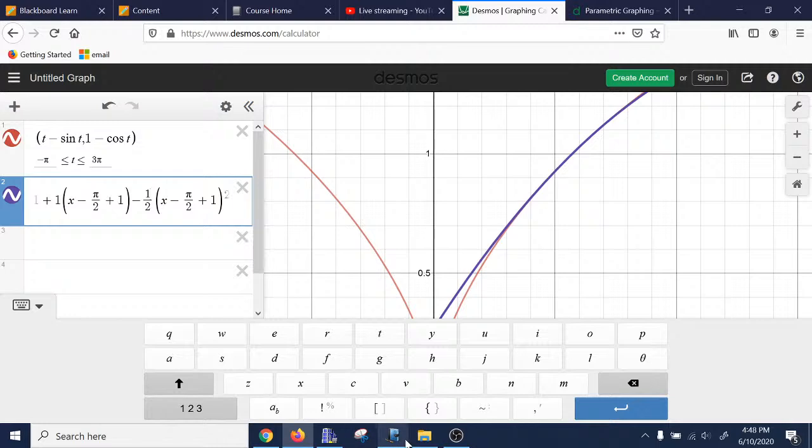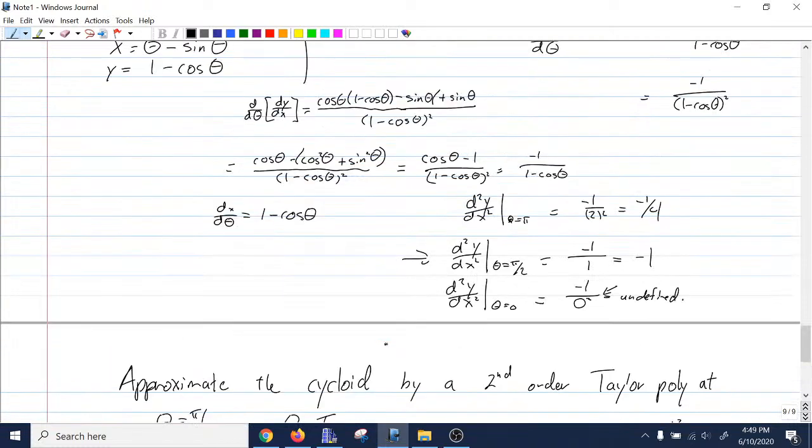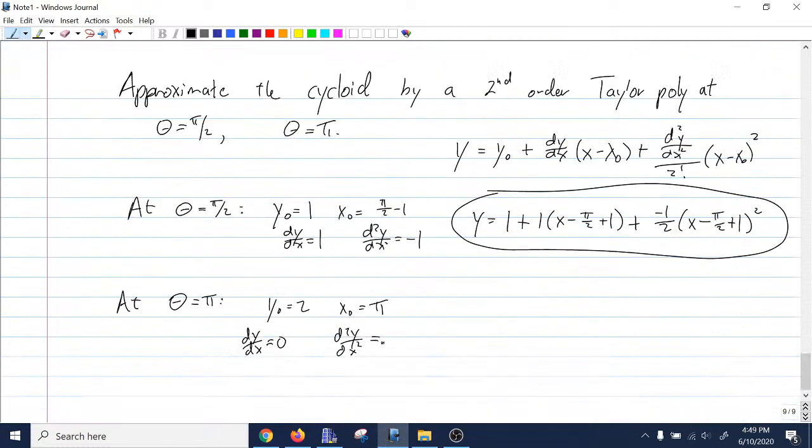Let's try doing the same thing at theta equals pi. We worked out our y value, it was 2. We worked out our x value, it was pi. We found dy dx, and it was 0. We haven't found d squared y over dx squared. d squared y over dx squared is, we have a formula right here, negative 1 over 1 minus cosine theta, squared.